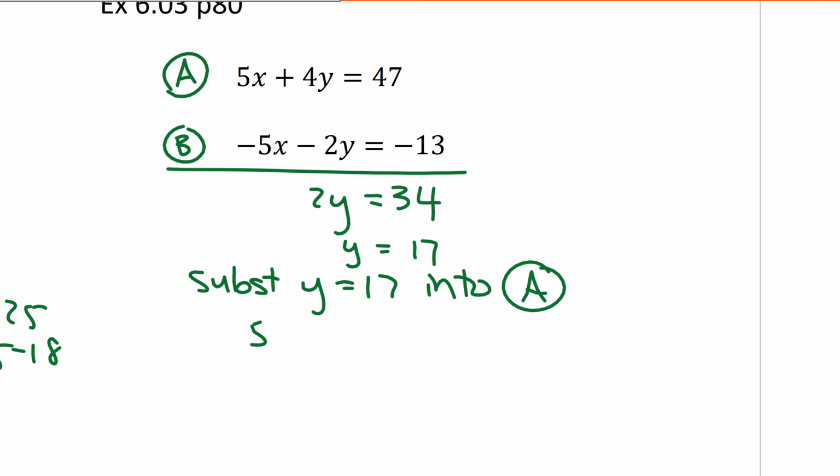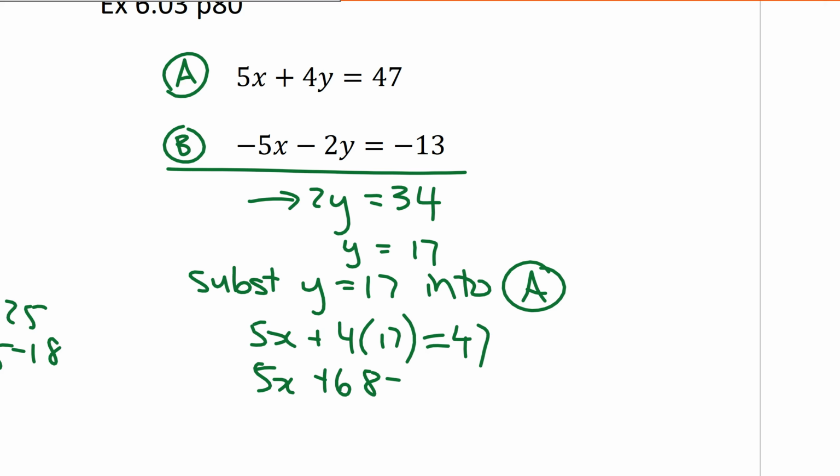I'm going to get 5x plus 4 lots of 17 equals 47. Okay, so 4 lots of 17. That's tricky to do without a calculator. Oh, isn't that just 2 lots of that, isn't it? So 5x plus 68 is 47.